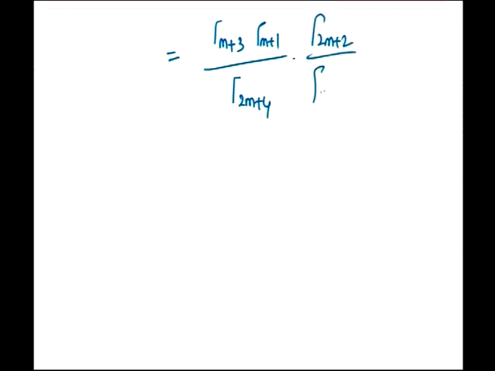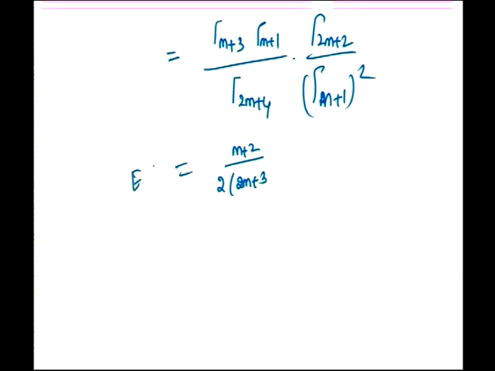Now, beta of m plus 3 comma m plus 1 is written in the format of gamma m plus 3 into gamma m plus 1 by gamma 2m plus 4, into gamma 2m plus 2 by gamma m plus 1 whole square. Now, after simplification, this ends up with m plus 2 by 2 into 2m plus 3, that is E of x square of m plus 1.